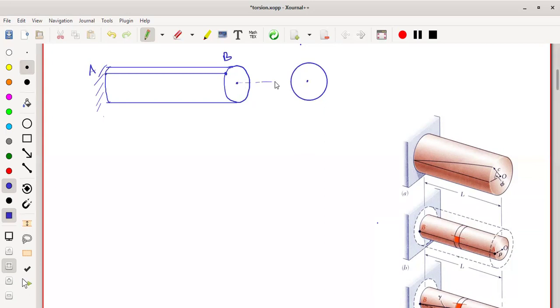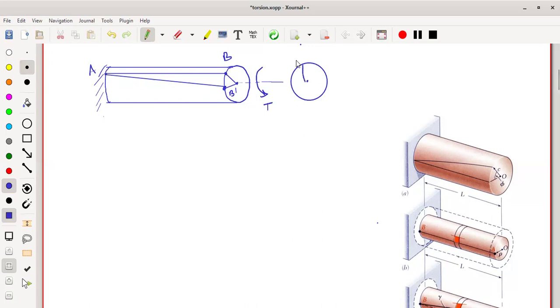If I draw a line, this is called the longitudinal axis. Along this direction you are applying the torque. So the point B changes from B to B dash. This point is B, and this point is B dash.